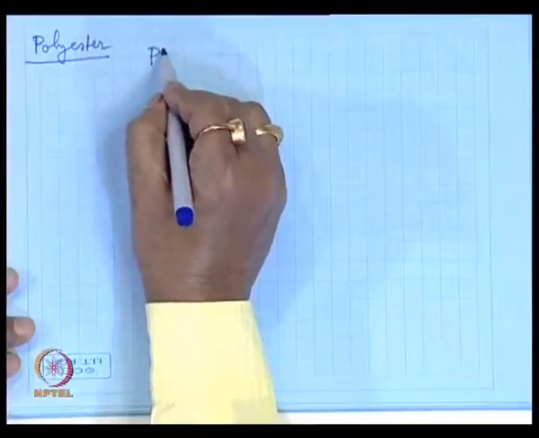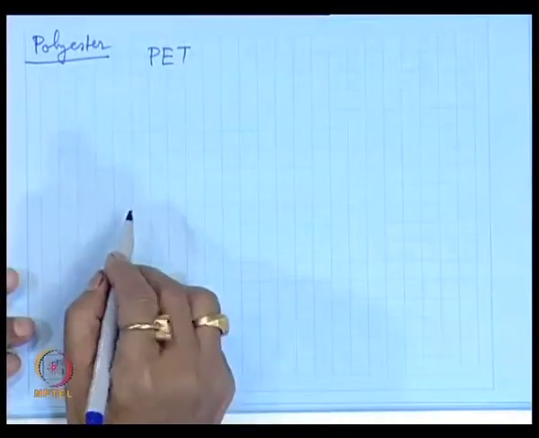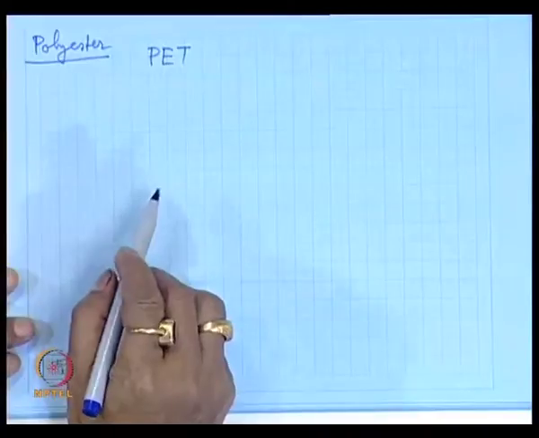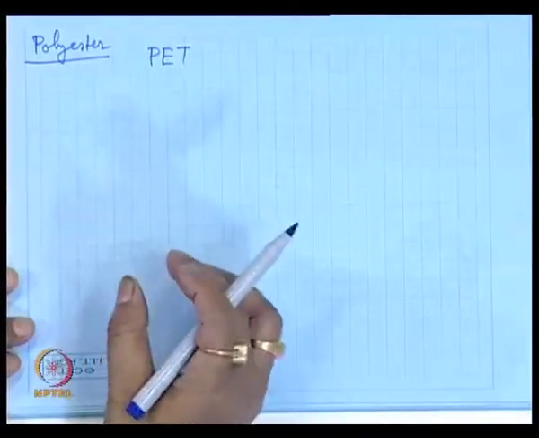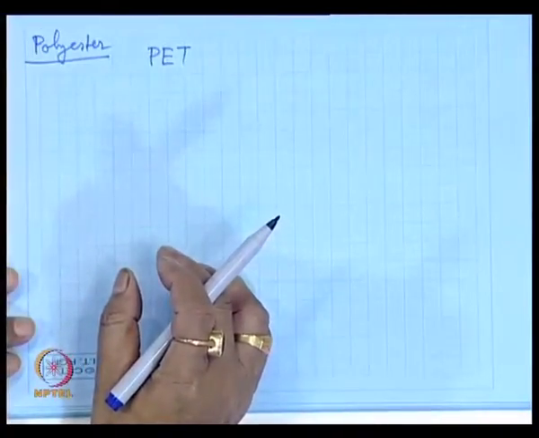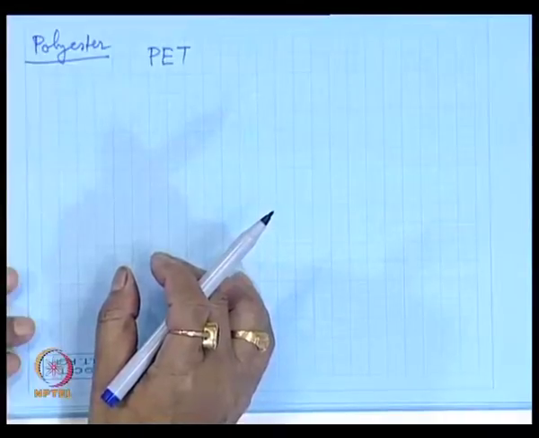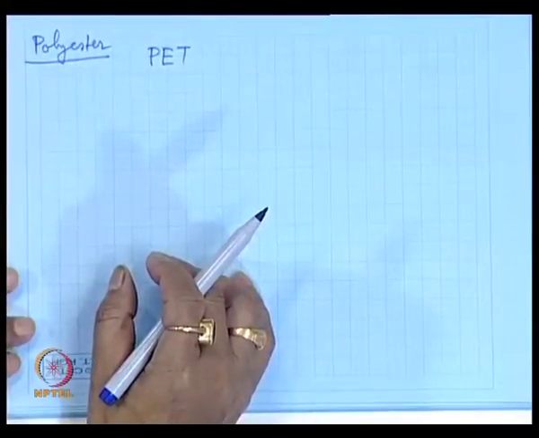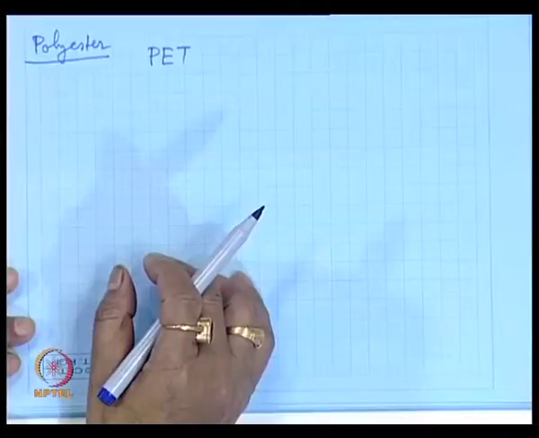Mineral water bottles, beverage bottles made of polyester, films made of polyester. You are acquainted with a polymer PET. PET is a polymer used for making bottles, films, say overhead transparency films, they are known as mylar film, that is made of polyethylene terephthalate. PET. What is polyethylene terephthalate?